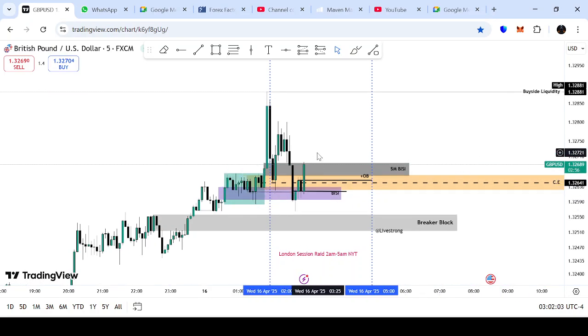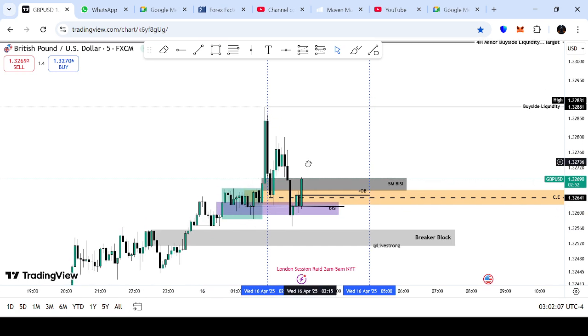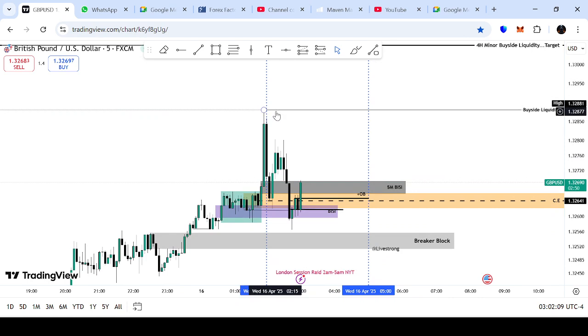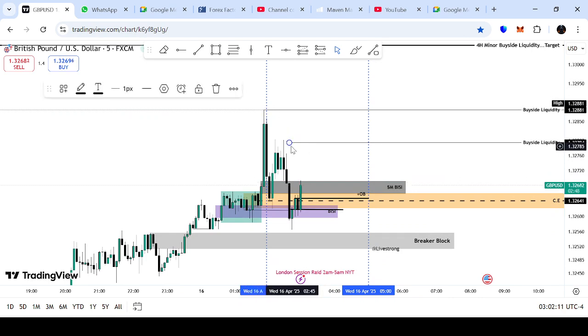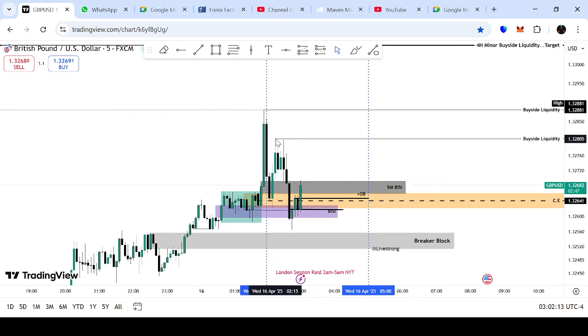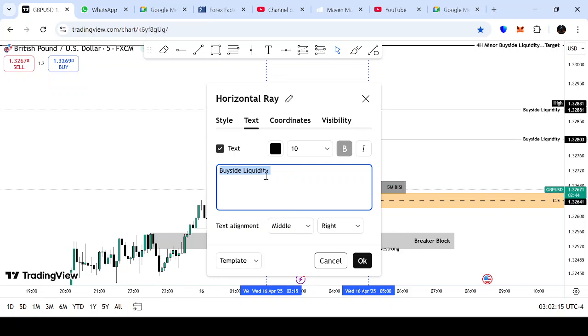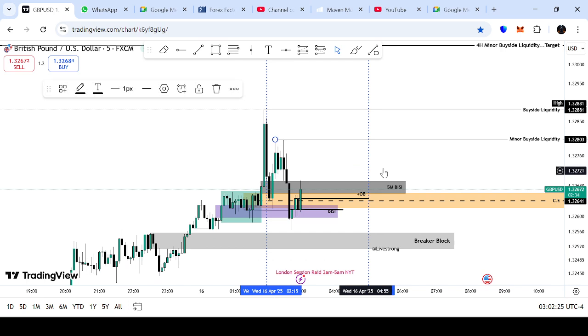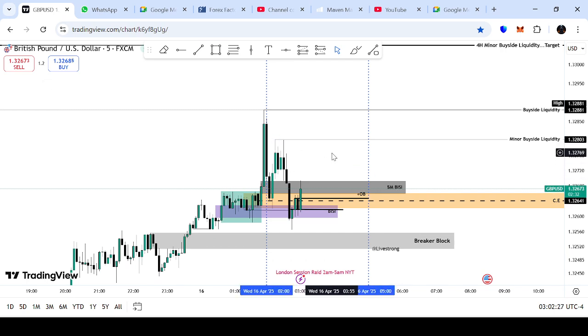The liquidity I will take is to seek sell side liquidity in the swing. So it's going to seek a buy side liquidity. We have buy side liquidity resting above there and also a liquidity here. This is a minor buy side liquidity above there.